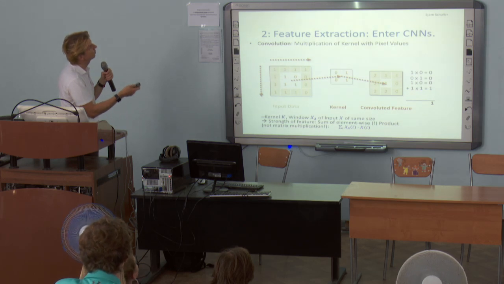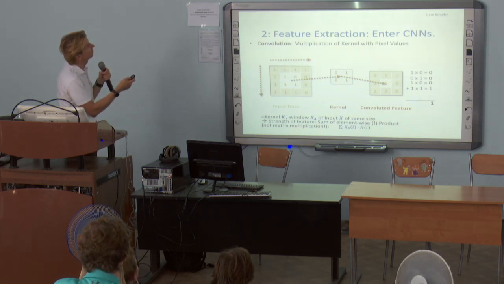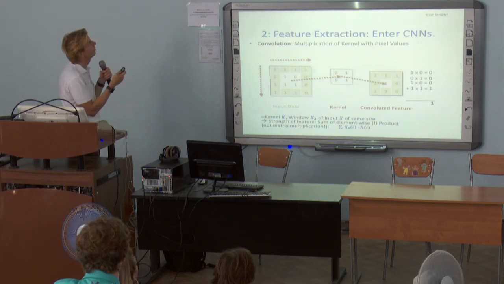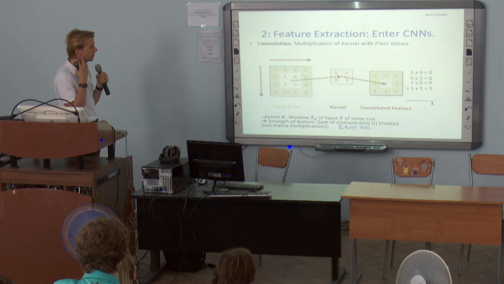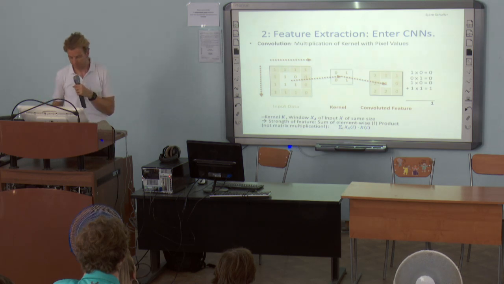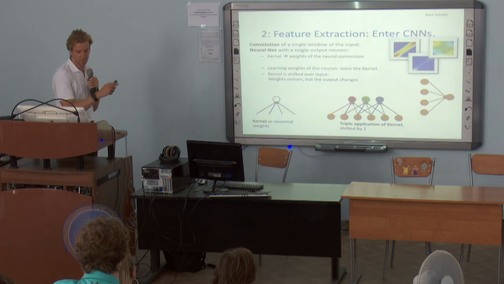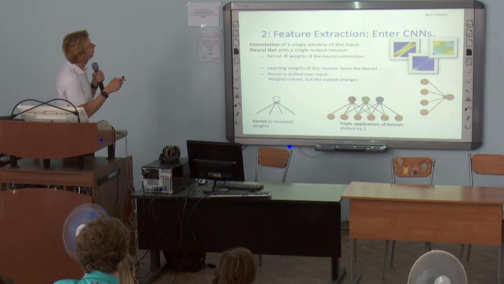So this gives you the feature value, and this kernel here has to be or can be trained from data. The trick in convolutional neural networks is that you reuse the same kind of kernel over the whole image. You're not only having one of those, but you're reusing it, and hence keep the number of parameters small.